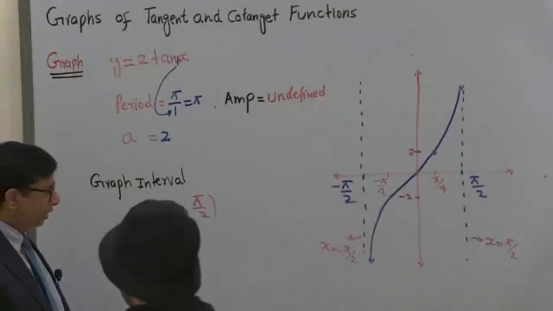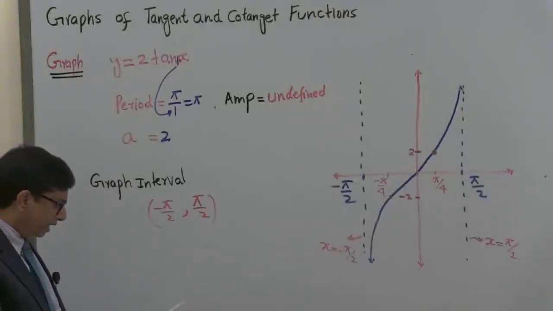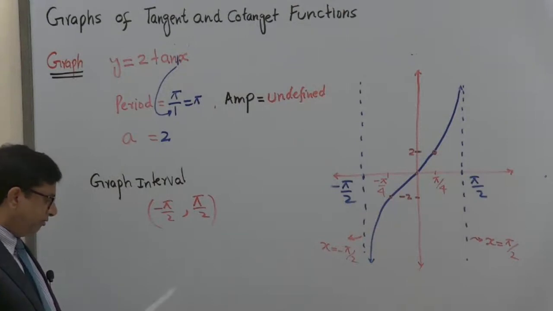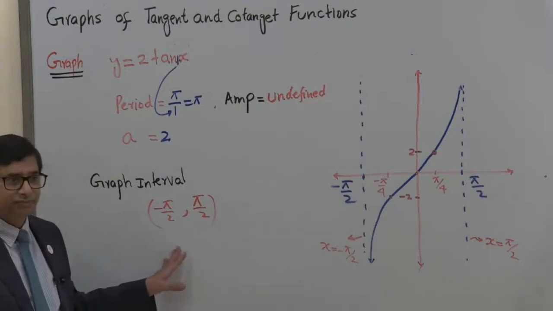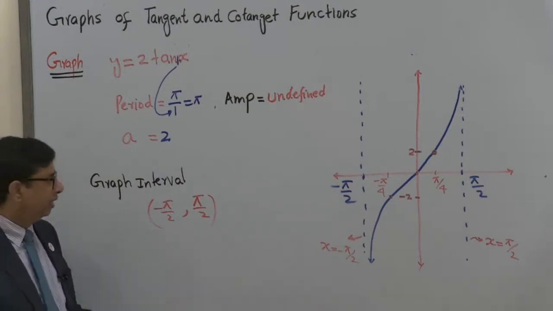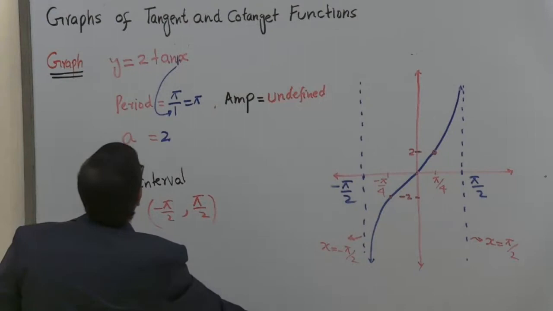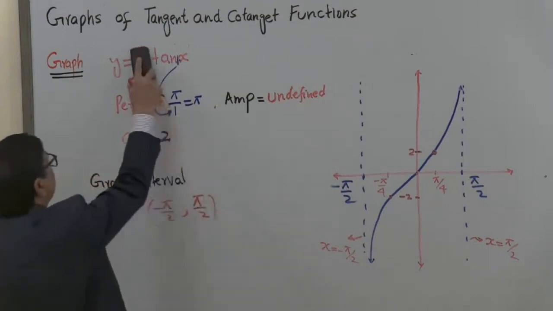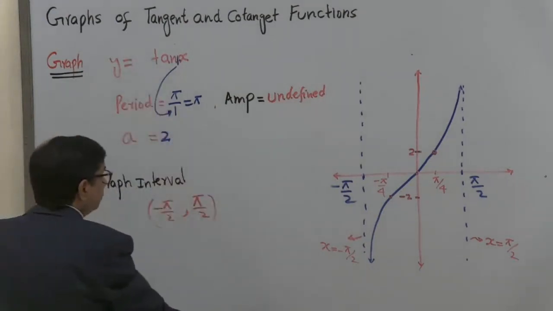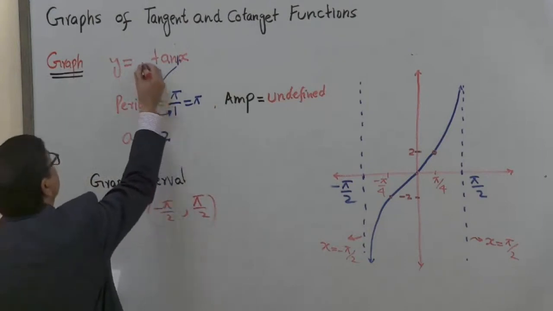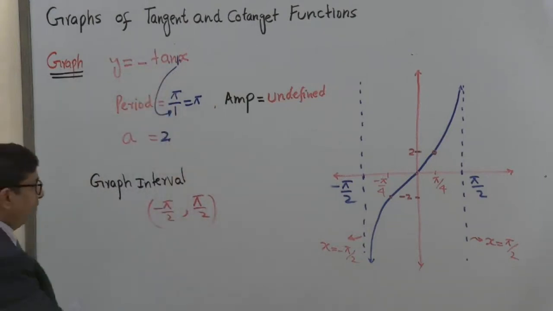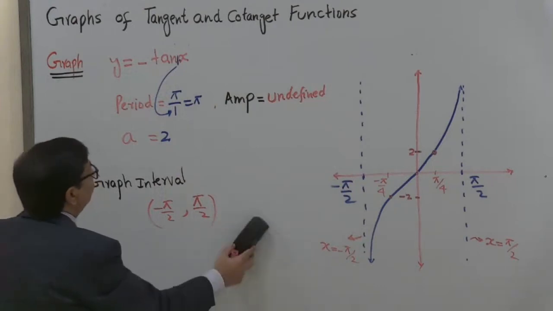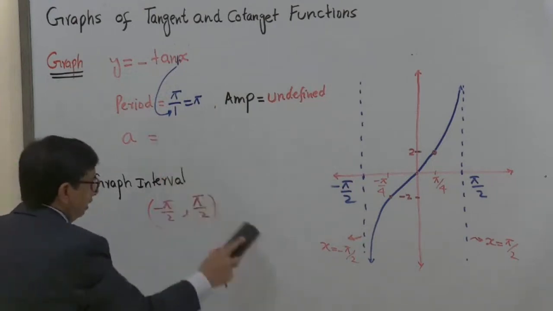Okay? Now, we have another graph with y equals negative tangent x. What will happen? Any question about this? Now, I change this one with negative. So what changes will happen over here? Amplitude remains undefined.